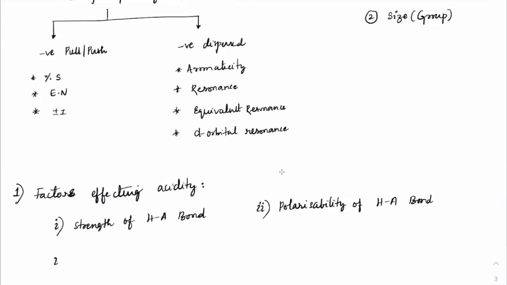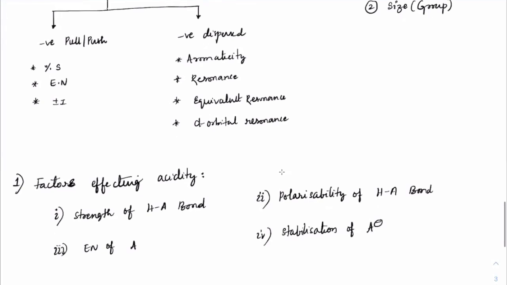Third factor, electronegativity of A. Fourth factor, stabilization of A minus, that is the conjugate base. Fifth factor, nature of solvent. These are all the influential factors for acidity.